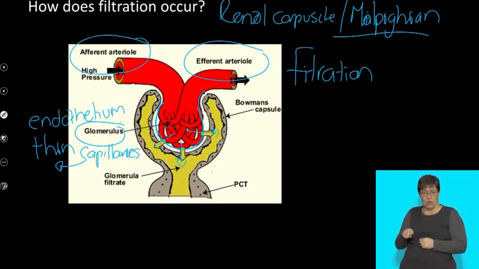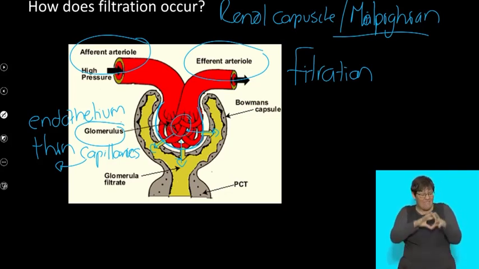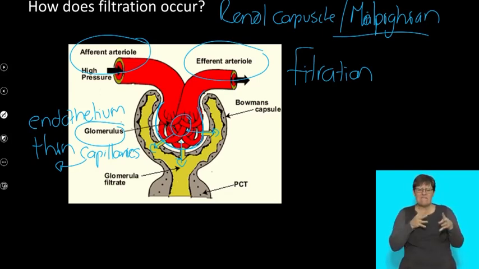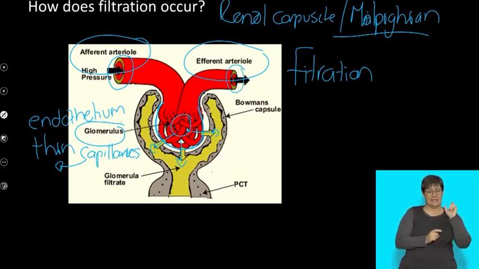So I need to get everything that's in the blood into the nephron, because what is the nephron going to do? It's going to filter it. So I need to be able to filter it quite efficiently. Now, if you have a look at this diagram, I don't know if you can see that this blood vessel, the afferent, is thicker than this blood vessel.